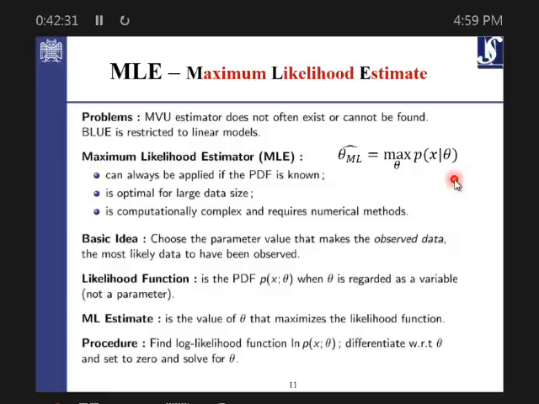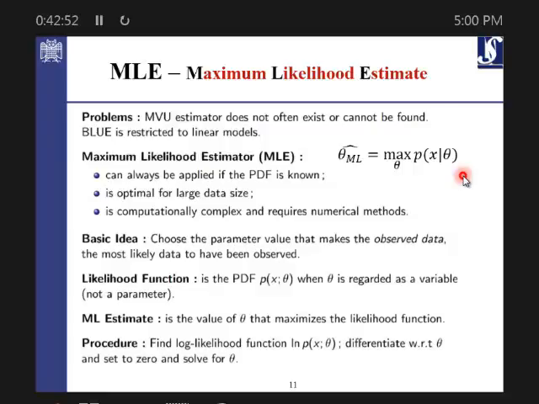You want to maximize the problem. To get the stationary point, after taking the log likelihood, you take the derivative with respect to the parameters, make it equal to 0, and solve for the parameters. That's the maximum likelihood estimate of your parameters.